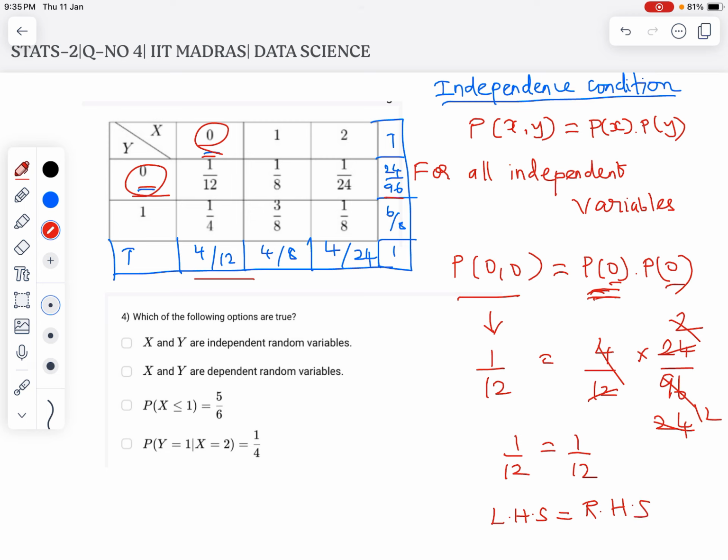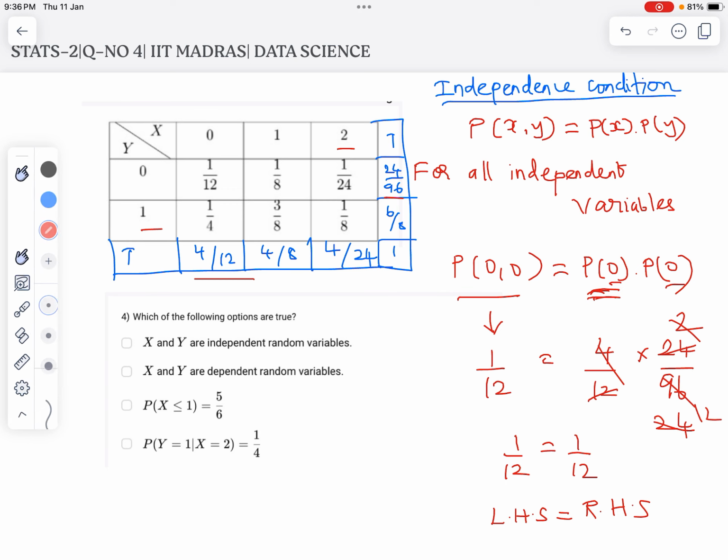But at the same time, while testing for one pair of values, you should not get satisfied. You should also check other values, so I'll take here x is 2 and y is 1. Now let us test another kind of value. Just listen very carefully.